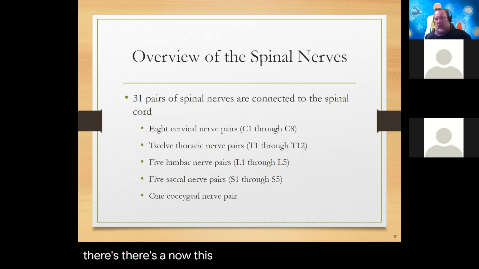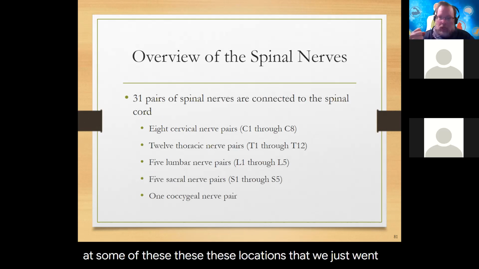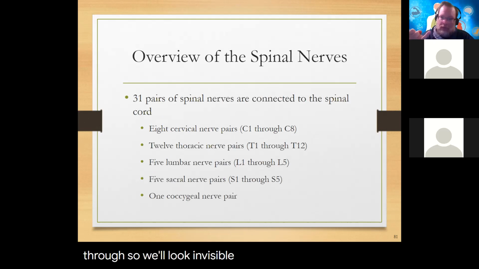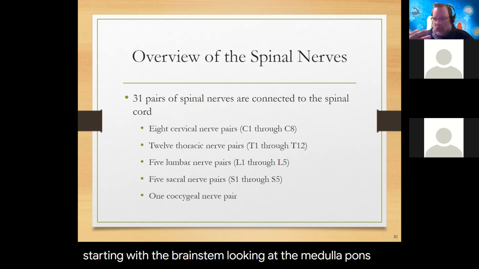Now this Thursday, we're going to do a little bit with Visible Body. We're going to go through and look at using Visible Body some of these locations that we just went through. So we'll look in Visible Body on Thursday starting with the brain stem, looking at the medulla, pons, midbrain.